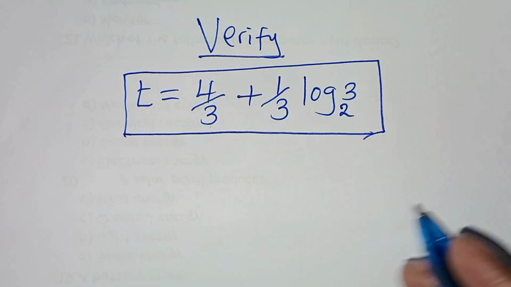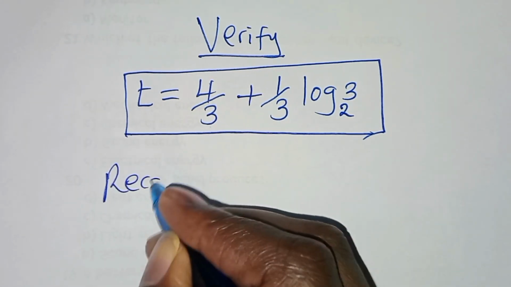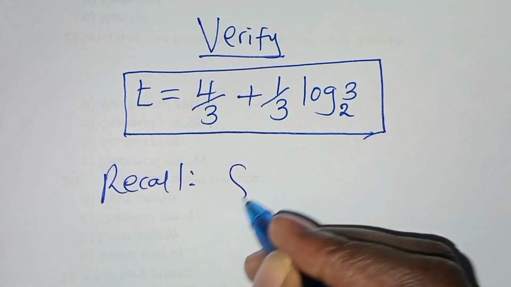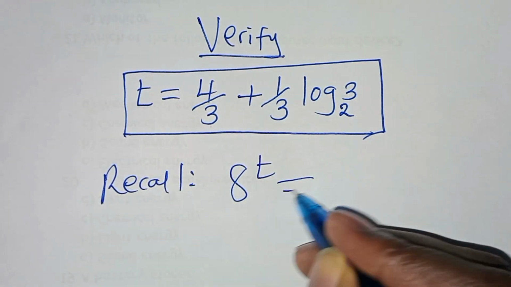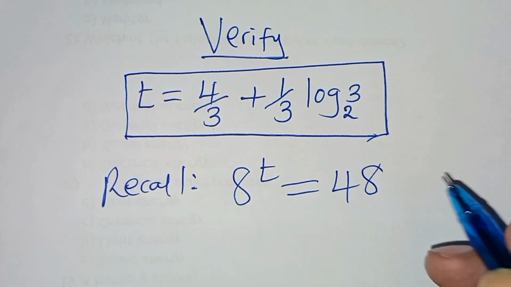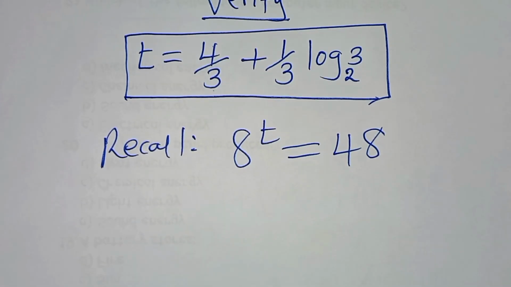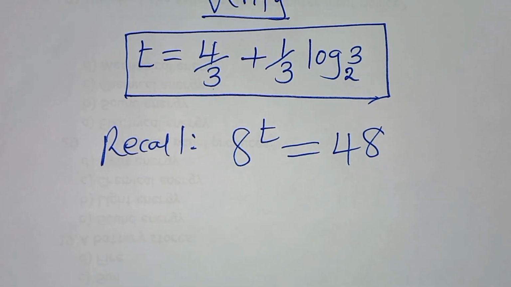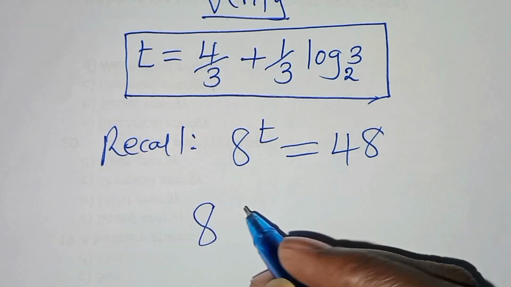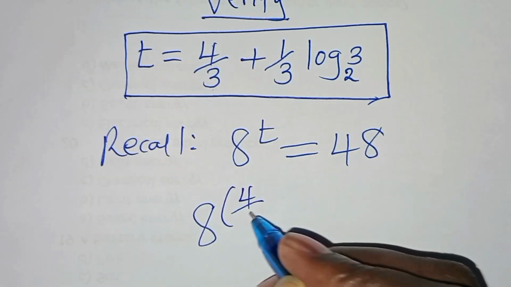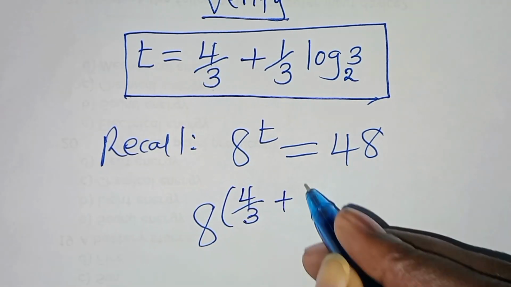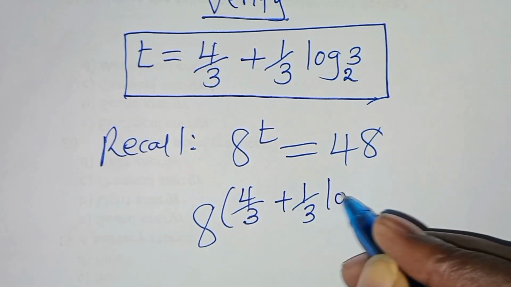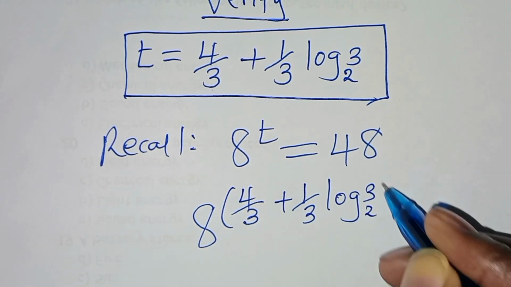Now, if you recall, 8 to the power t should give us a value of 48. So let's substitute the value of t, so that we'll have 8 to the power 4 over 3 plus a third log 3 to base 2.